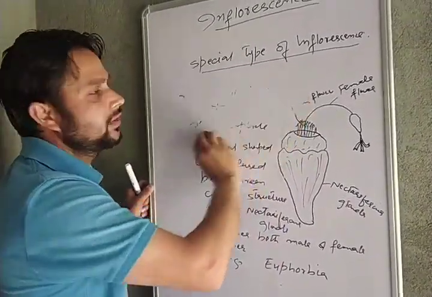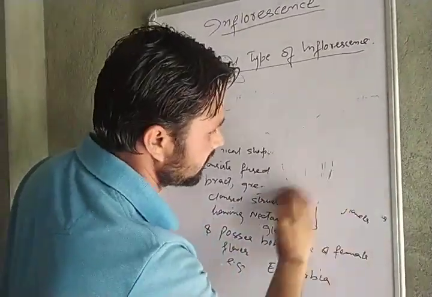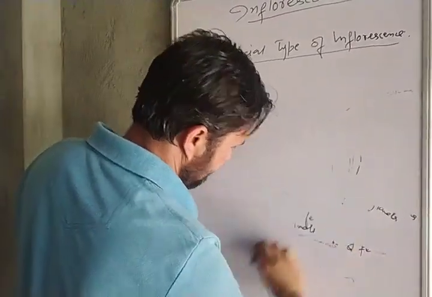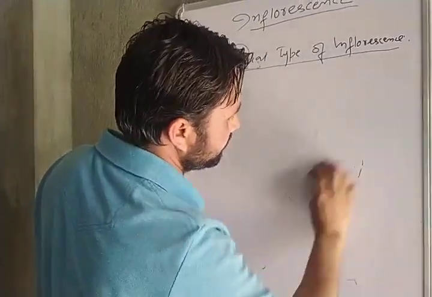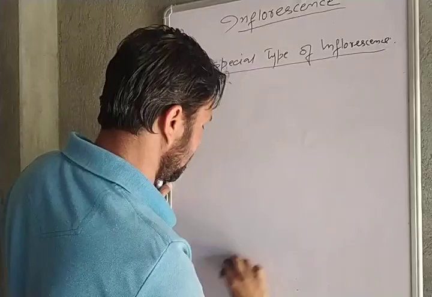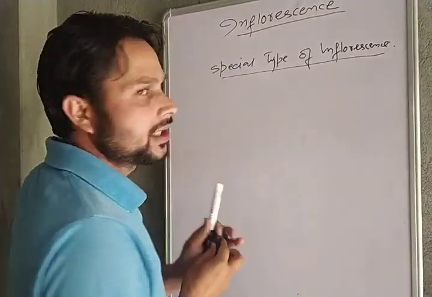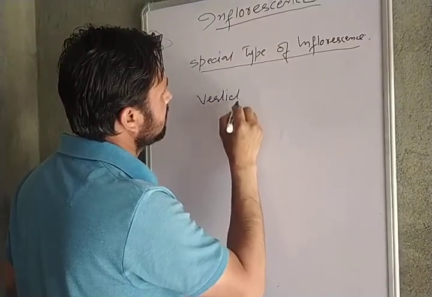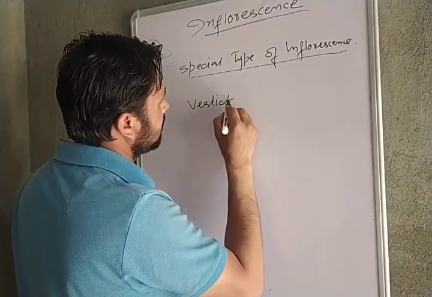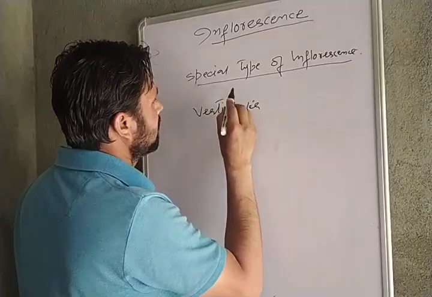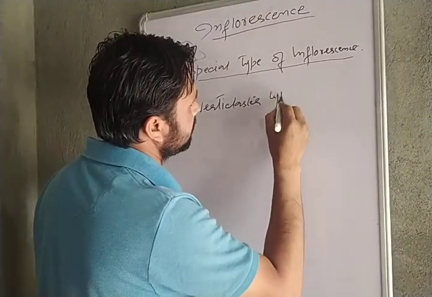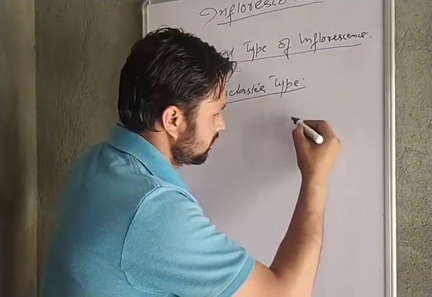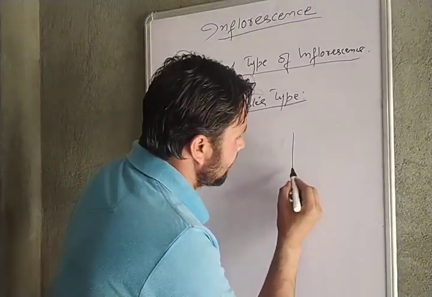Now the last one, which is verticillaster. Last one of this special type of inflorescence. What happens in this verticillaster type? This is the floral axis. These are leaves.